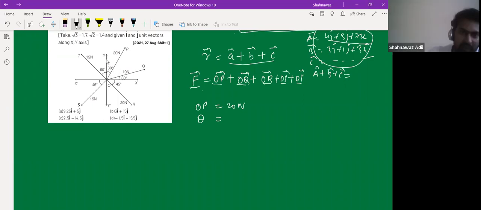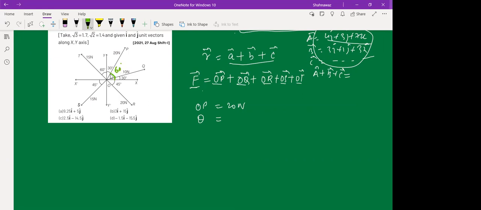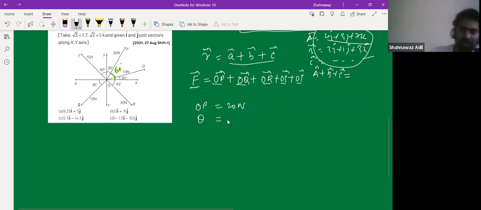Your Y is vertical, X is horizontal. So this is making 30° with the vertical. So for the horizontal, this will be 90 minus 30. Yes, 60. So your theta is 60. So all thing is done.